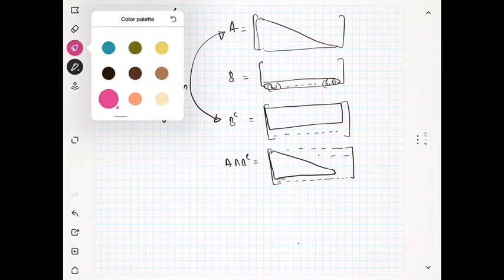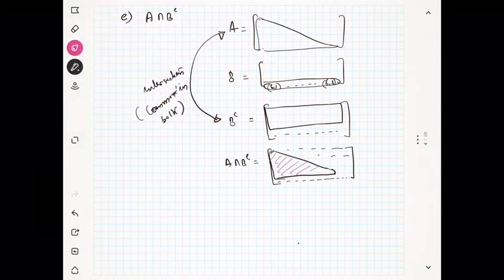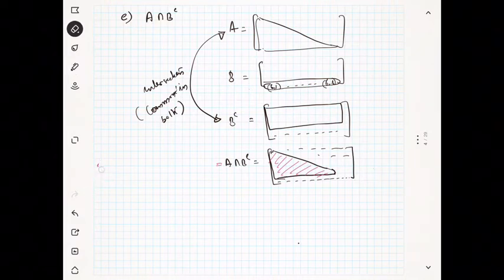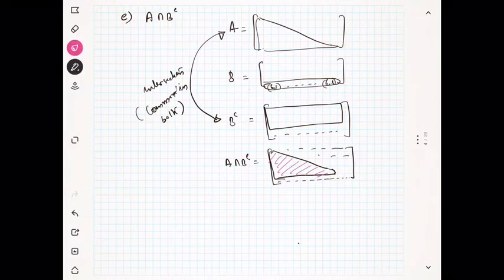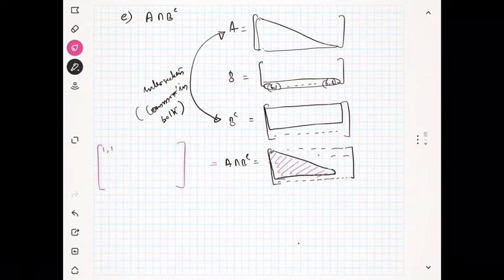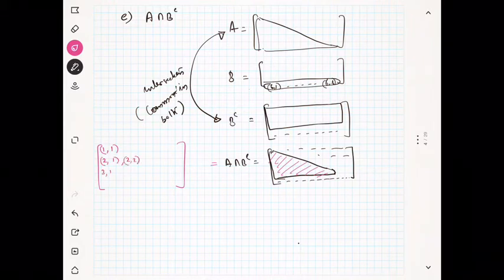So you may get a lot of things, like 1 comma 1, then 2 comma 1 and 2 comma 2, then 3 comma 1, 3 comma 2 and 3 comma 3.